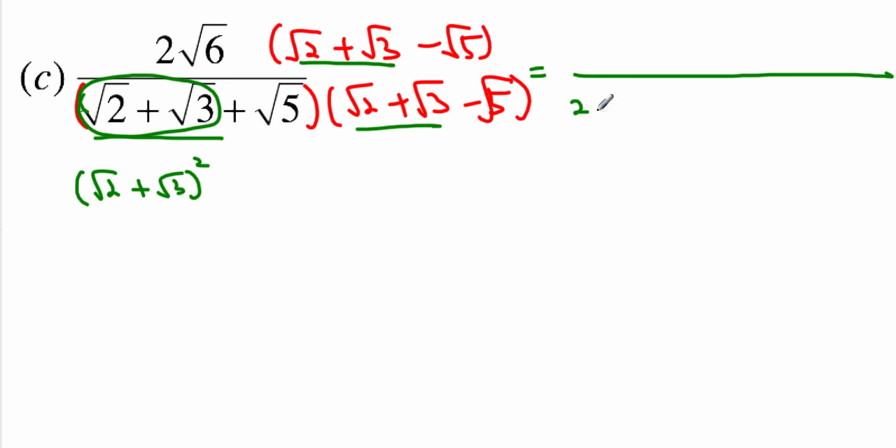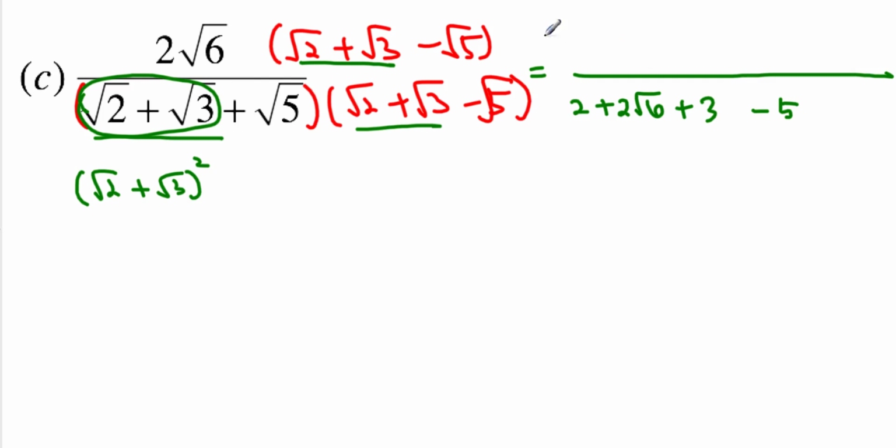That becomes 2, the first one squared, plus 2 times the product, which is radical 6, and then plus the last one squared, which is 3. That's the square of the first expression, and then the second one is minus 5.